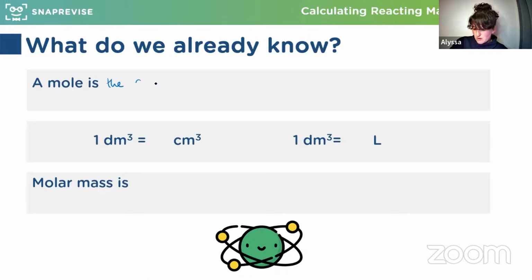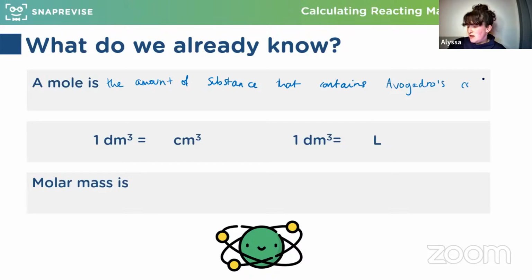So a mole is the amount of substance that contains Avogadro's constant number of particles.